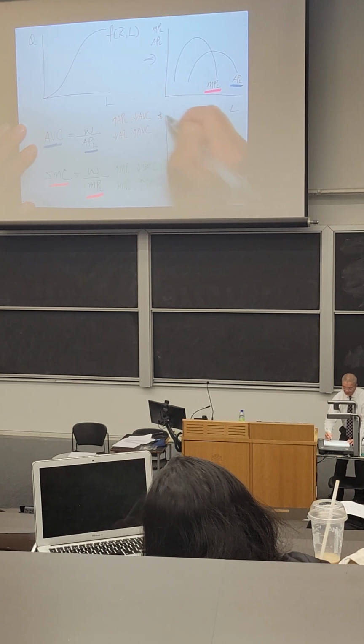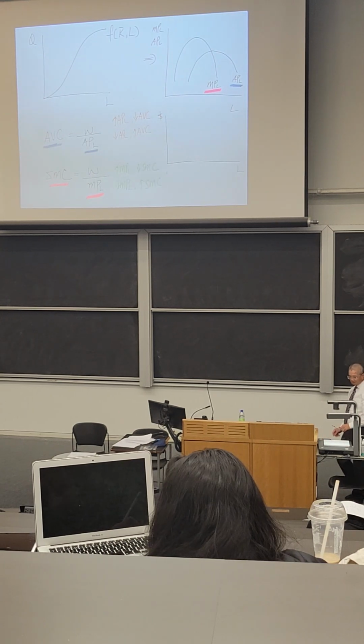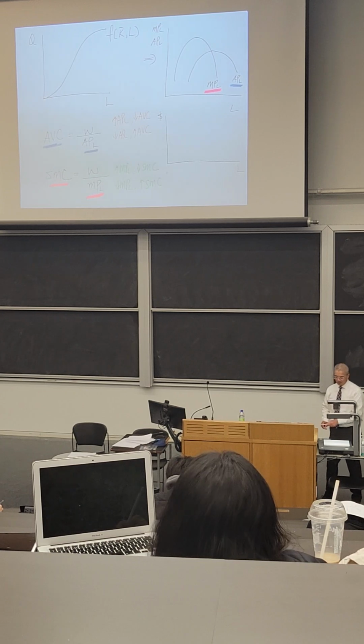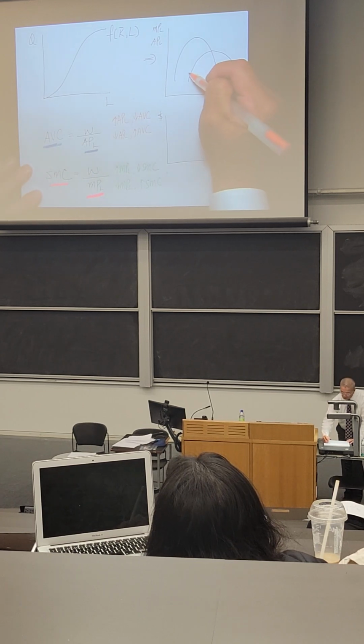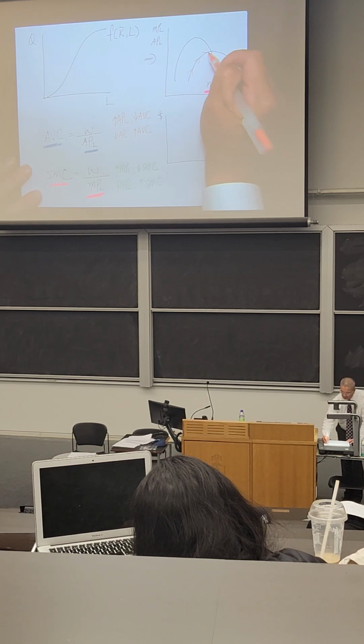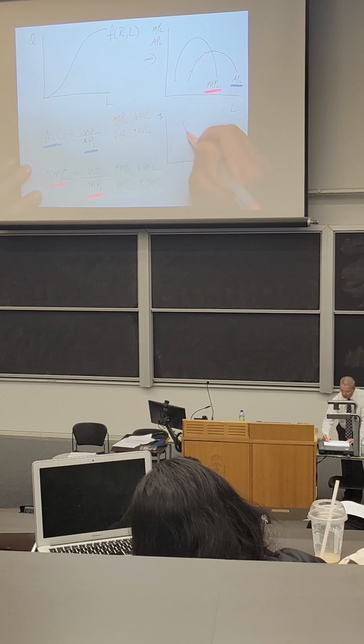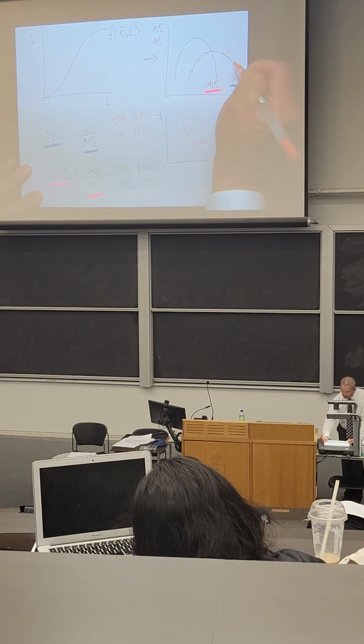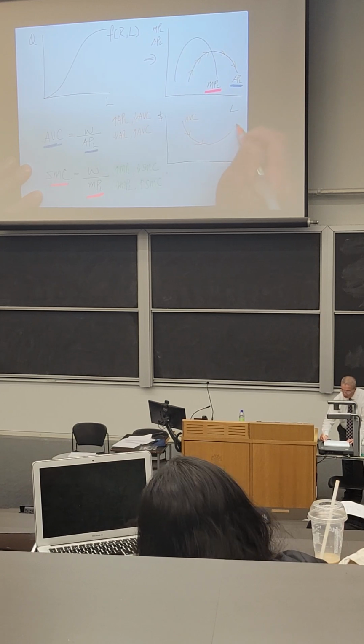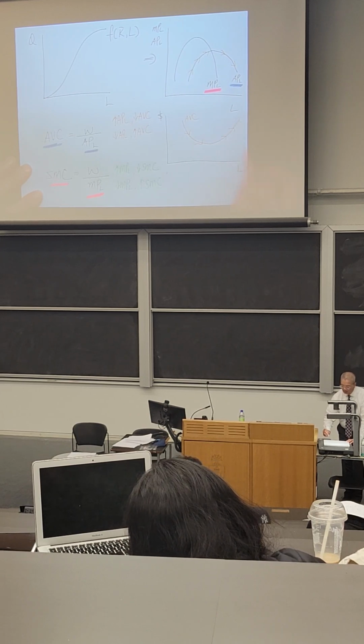And now we have everything ready. When average product of labor is rising, then the average variable cost must be falling. And when the average product of labor is falling, then the average variable cost must be rising.